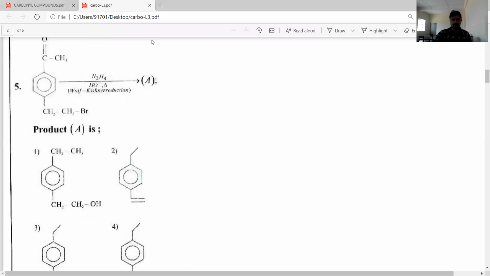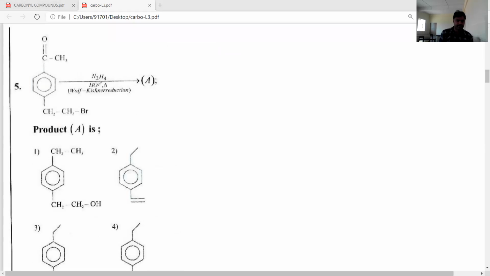Let's see the fifth question, dear students. What is the fifth question? Hydrazine and base, in basic medium. Alkyl halides undergo dehydrohalogenation and form alkenes, because the Wolff-Kishner reduction is taking place in the presence of basic medium, OH minus ions.